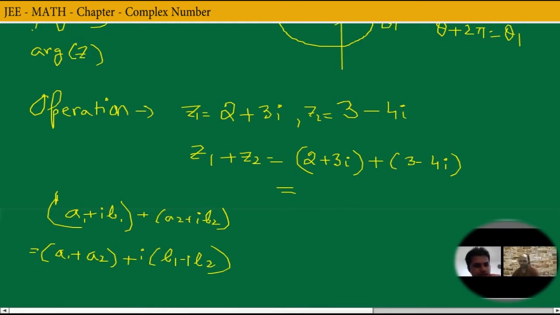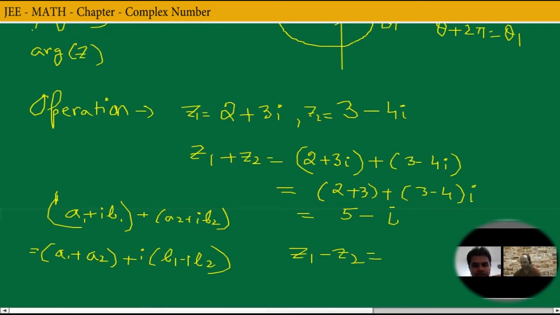So can you answer this now? 2 plus 3, while 3i minus 4i. Perfect, 3 minus 4i. So what would be the final answer? 5 plus 5, negative 1i. Yes, so negative 1i means only negative i. Can you write like this? Yeah, you can.